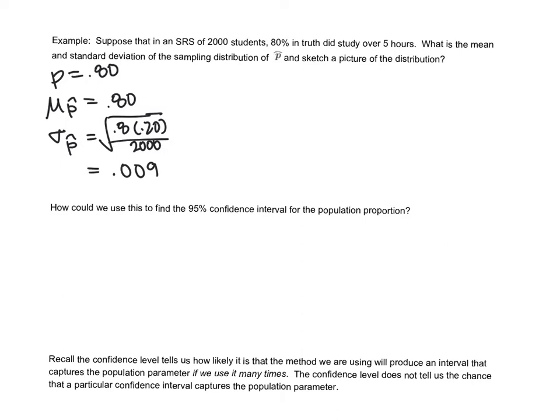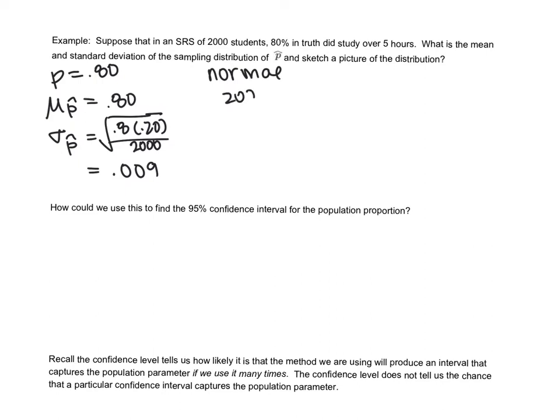It makes more sense here to round to 3 decimal places than 2, mainly because 0.009 is a more accurate representation than 0.01. And then just to make sure it's normal, we'll check that before we sketch the distribution.